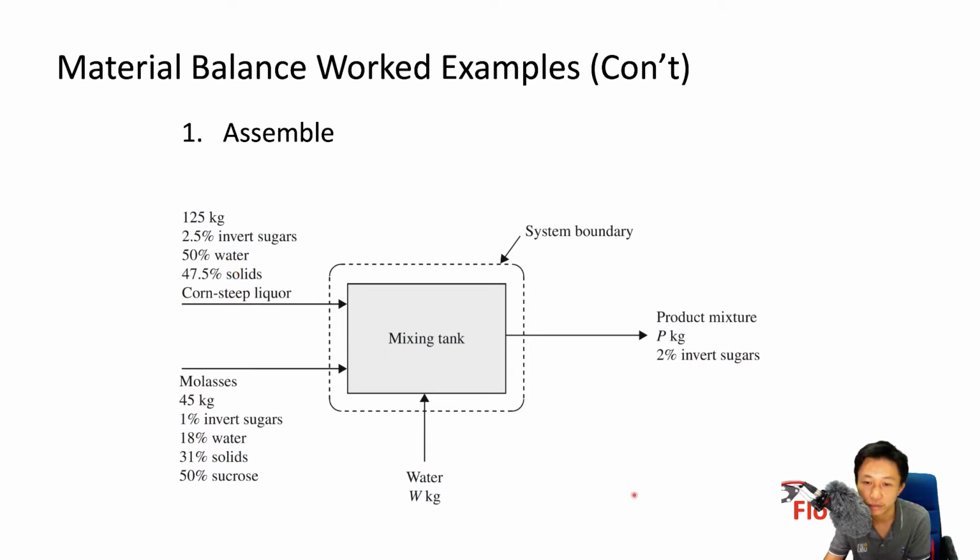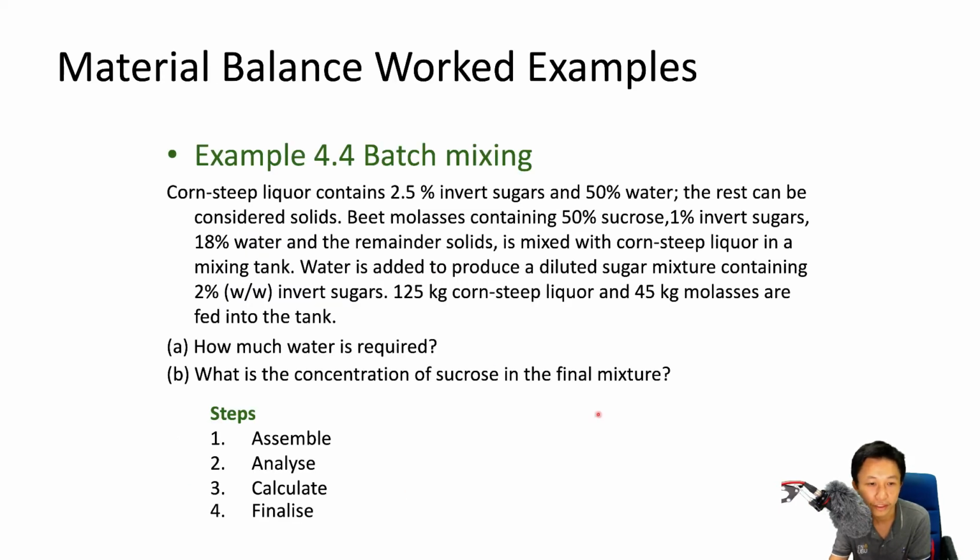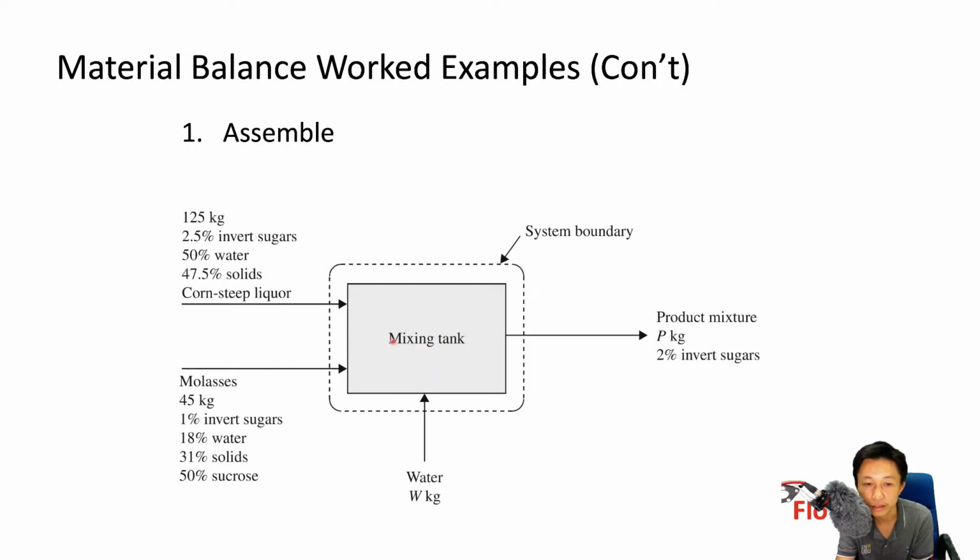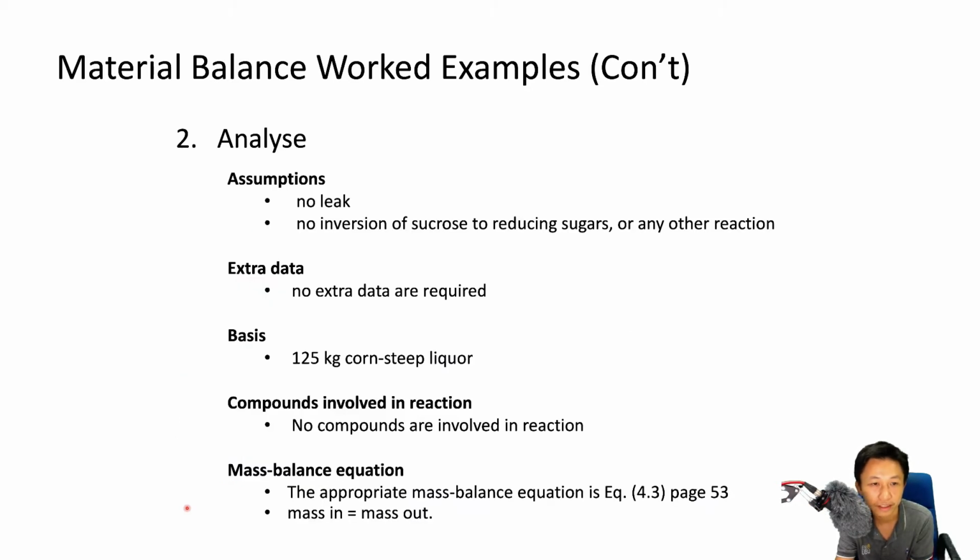Everything needs to be identified here. All right, but the first question is how much water is required. In this water stream, you only have water inside, no other things. Once you assemble your flow sheet, then you need to calculate the other ones. Let's see first. Okay, this is all assumption.